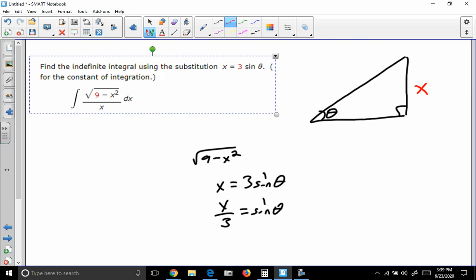So opposite over hypotenuse, this side would be 9 minus x squared. Think about if we square this plus square that, we would get that side squared.